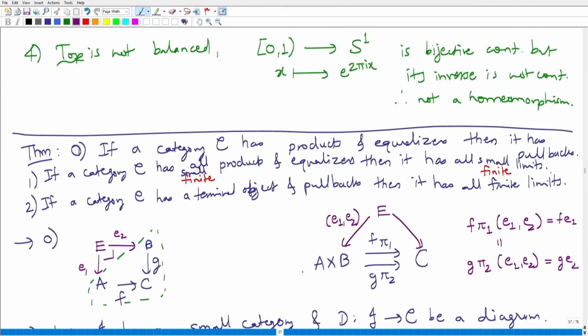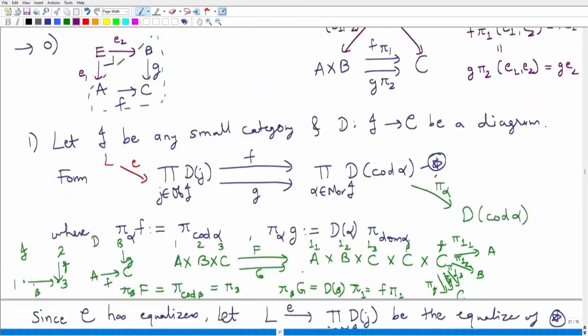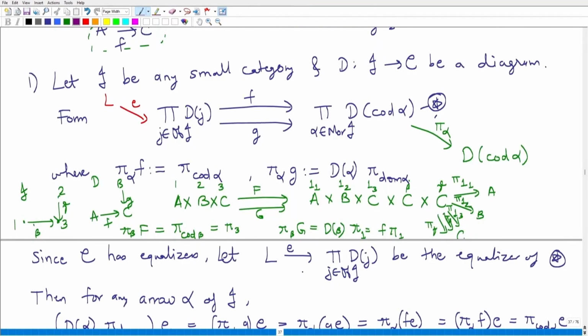Yes, this is the theorem: all small products and binary equalizers. This is the diagram that we constructed at that point. So this is in fact a co-reflexive pair. This F and G, that's a co-reflexive pair.